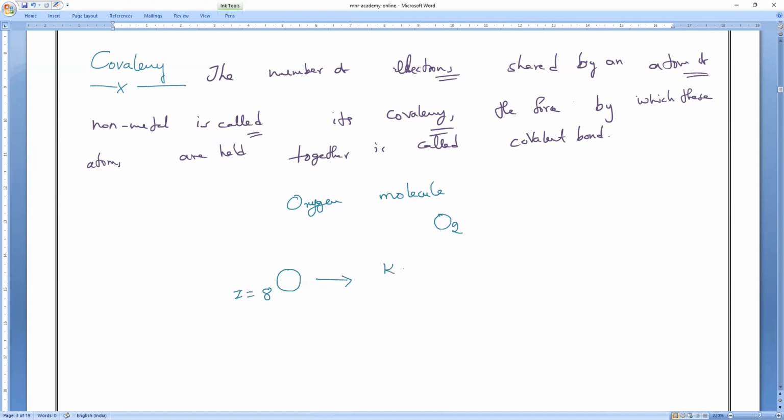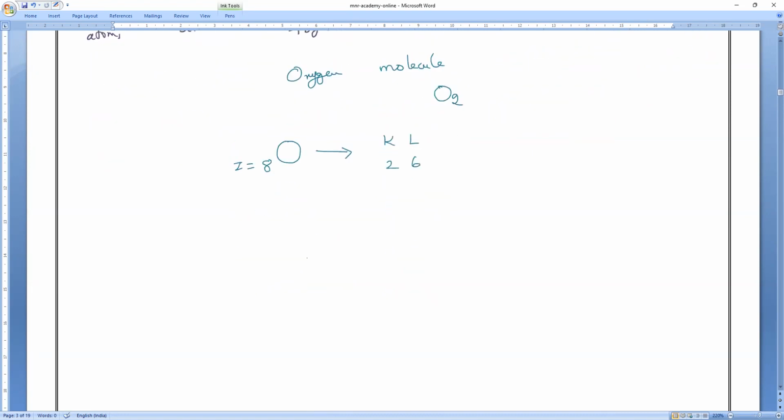K and L: 2, 6. Do you all understand everybody? So, taking the nucleus, how many electrons are in the first shell? 2 electrons.